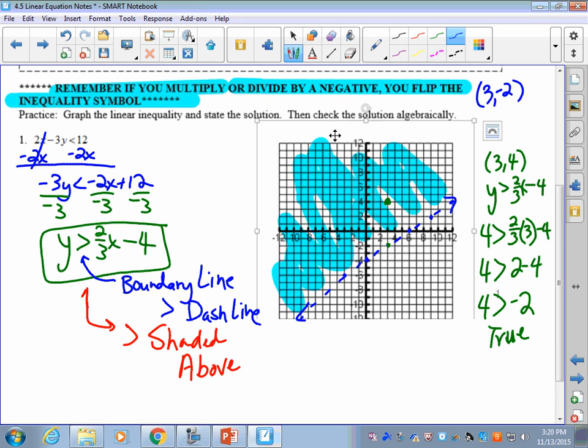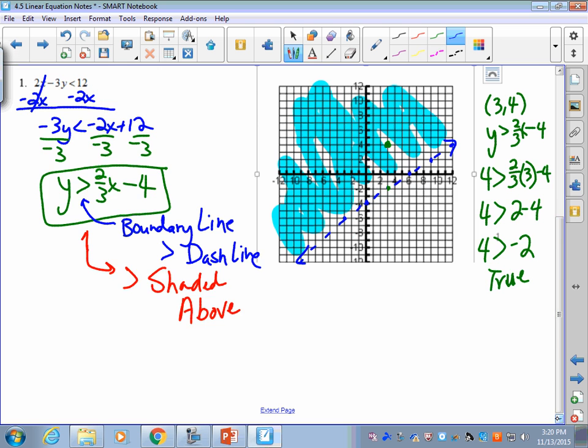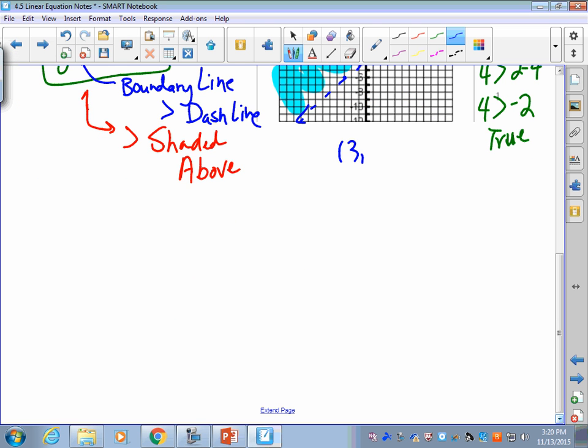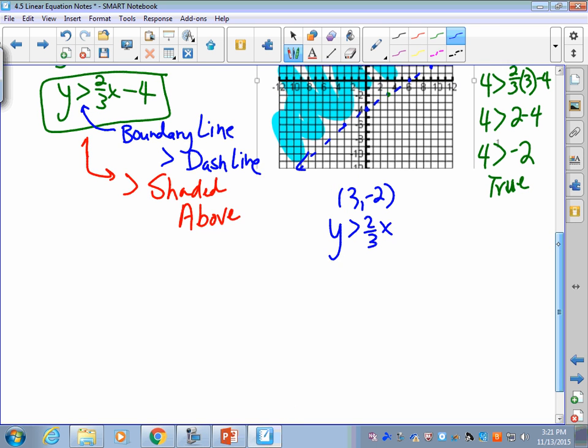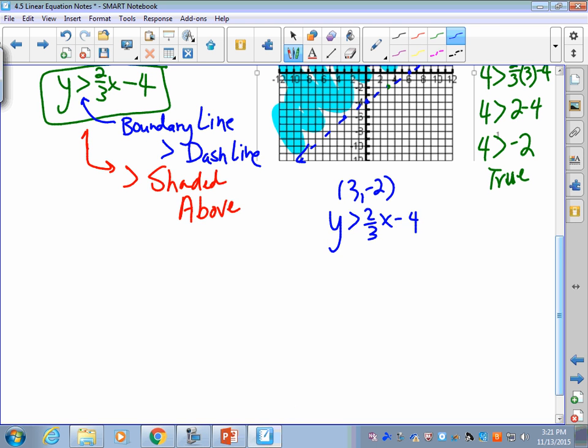So plug it in. We're checking 3, -2, right? It's equal to, but can we have it equal to? No. Otherwise there would be a solid line, right?